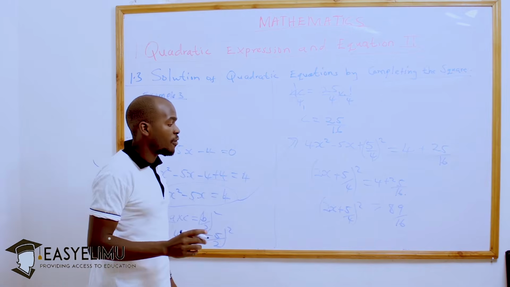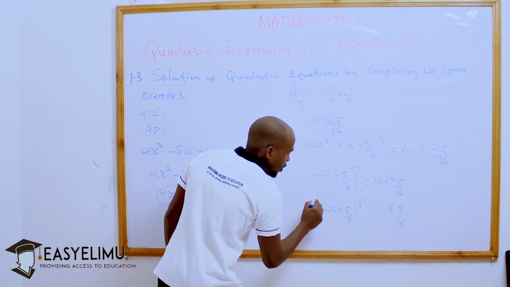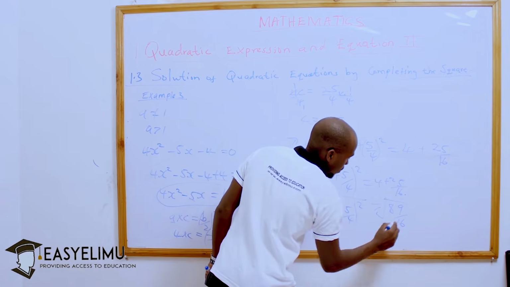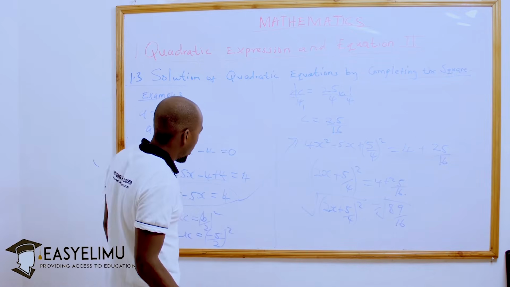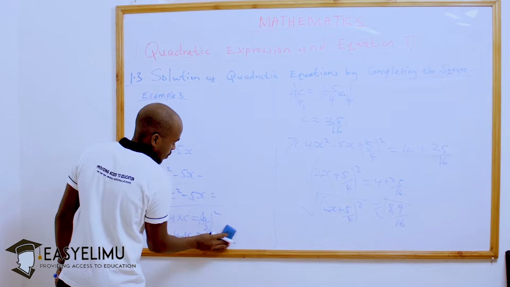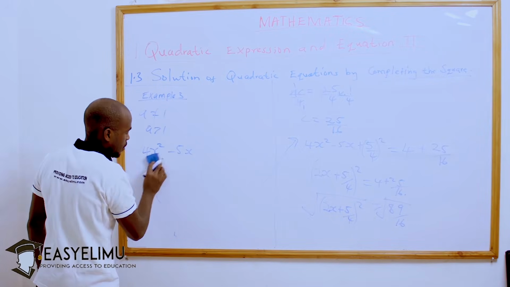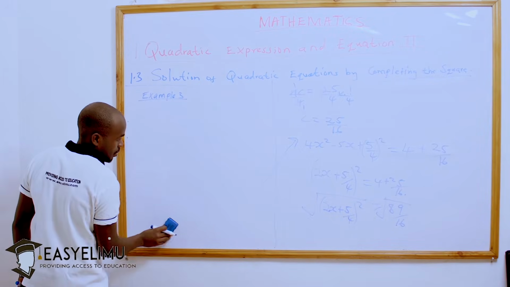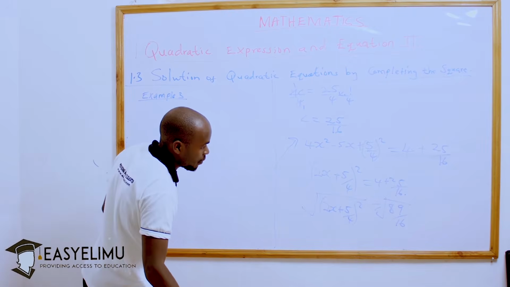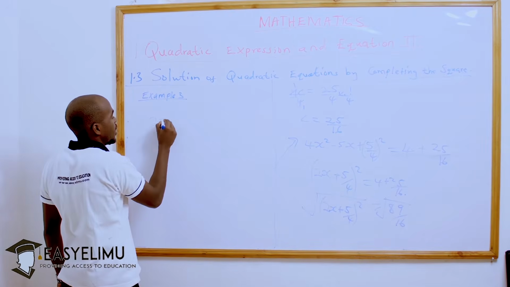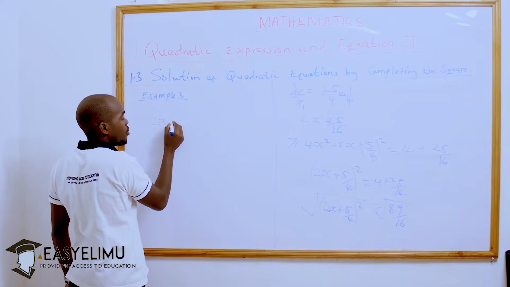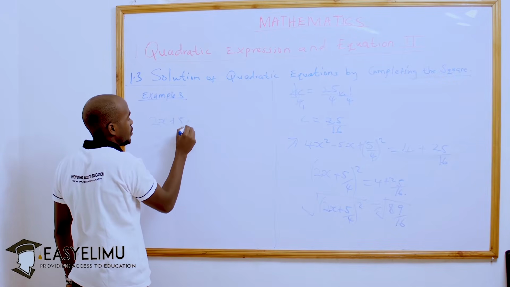If you need the value of x, it means we are going to find the square root on both sides. And on finding the square root, on the left hand side we are going to have 2x plus 5 over 4.